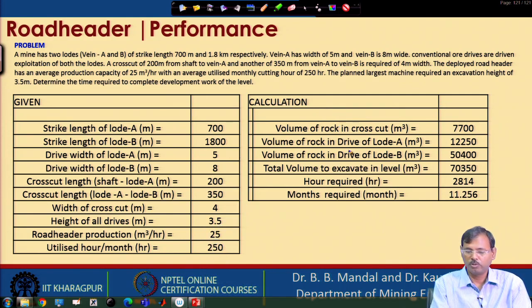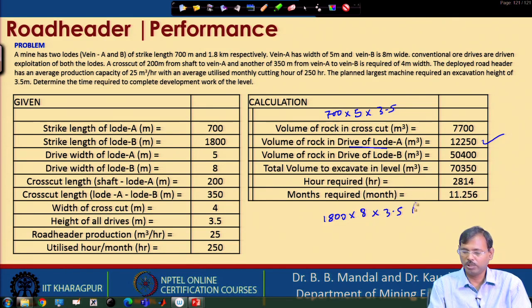Now, volume of rock in vein A, that is 700 into 5 into 3.5. So, that is this much, and in vein B, which is 1800 into 8 meter width and 3.5 meter. So, that is coming this much.